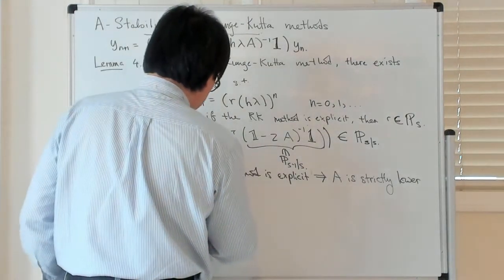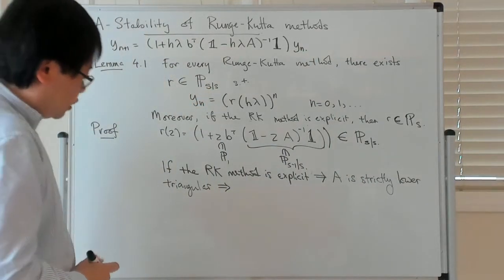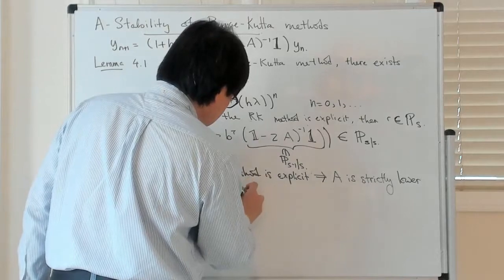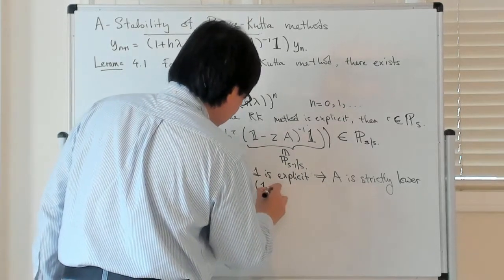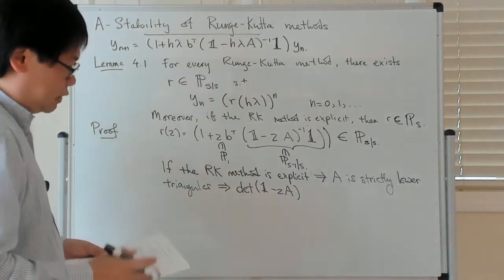And if A is strictly lower triangular, that means that the determinant of the identity minus zA is just going to be 1, actually.